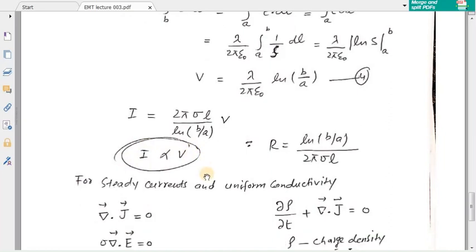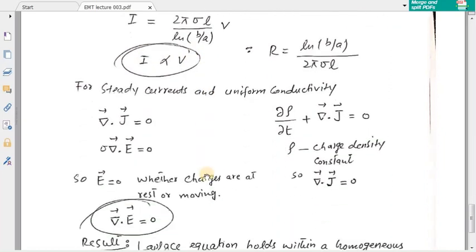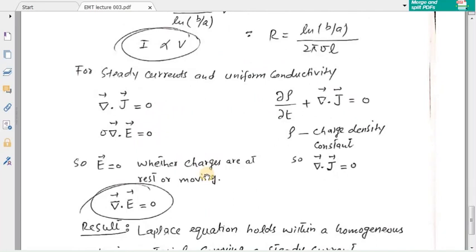Now come toward the steady state condition. If the current flow through the material is in steady condition with uniform conductivity, this is the equation known as the equation of continuity, and here rho is the charge density. If the charge density of the material is constant, the time derivative of a constant is equal to 0, hence del dot J is equal to 0.